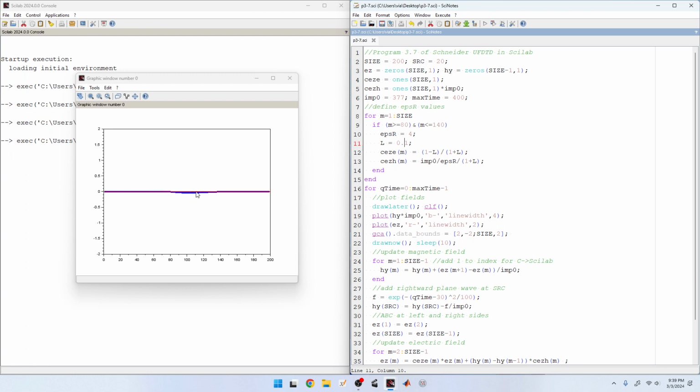Okay, so now we've implemented lossy material in terms of a conductivity, which is hidden in this loss factor L here. And of course, this could also be a function of position. We just did it here, just a uniform medium, but piecewise constant properties. But this could be something that varied with position.